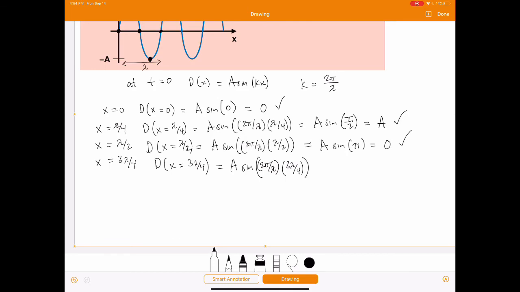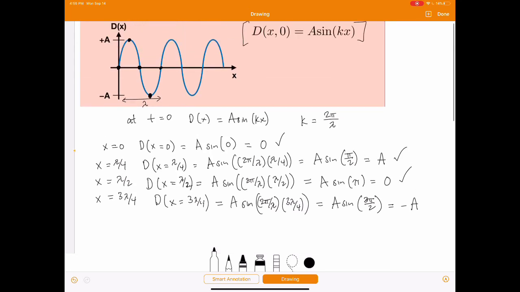So again, that's just k times x. That equals A times sine, and what we're left with is 3 pi over 2 when you plug that in. Now, sine of 3 pi over 2 is minus 1. So we should be at minus A, or the minimum displacement, which is definitely the case because we're at that, again, trough of the wave down here.